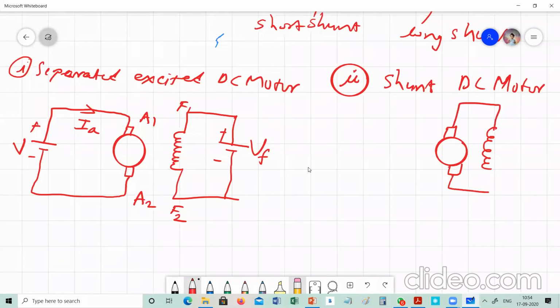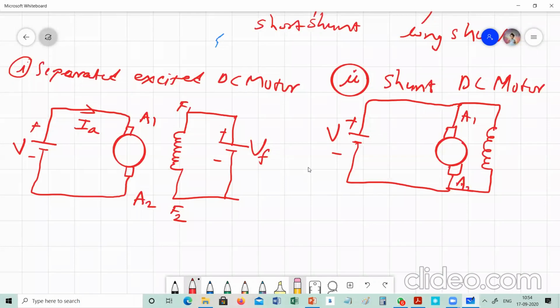They are connected in shunt, or in parallel, therefore this motor is called a shunt DC motor. The armature terminals are A1, A2.